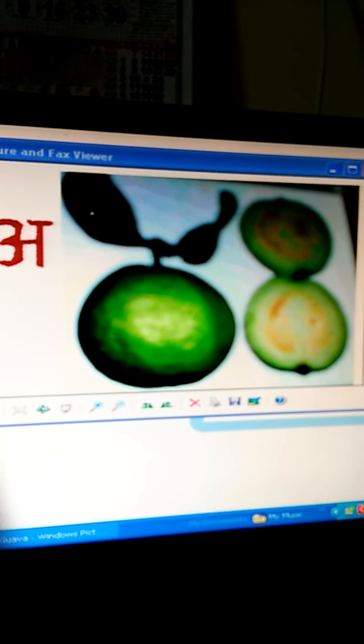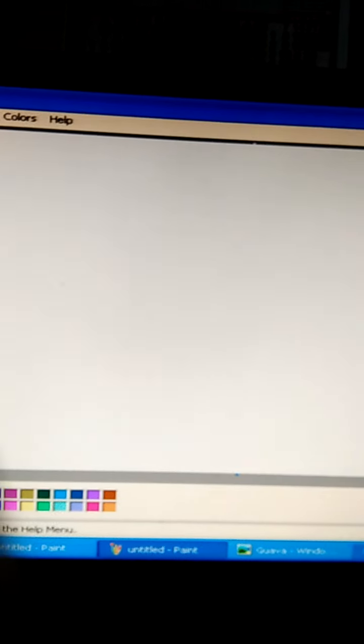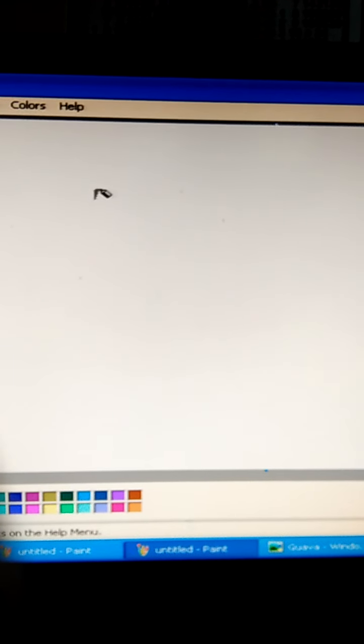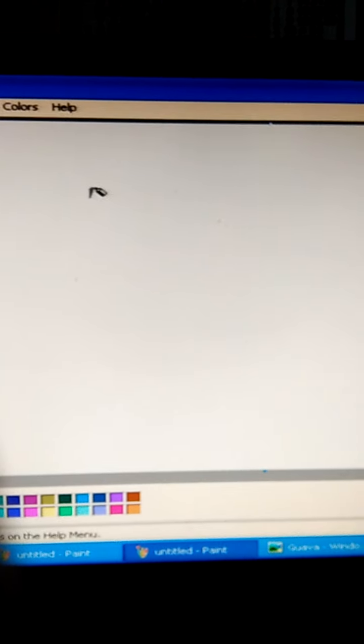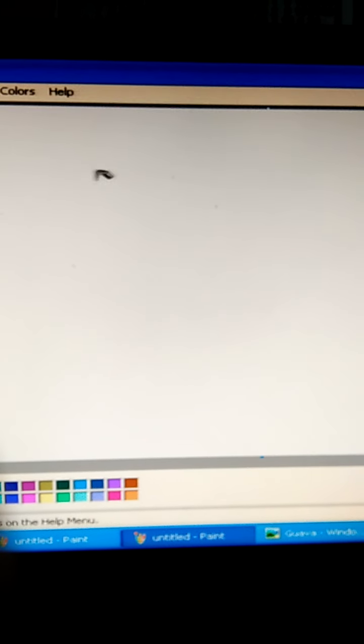Again we will see the English meaning of Amrud. The English meaning of Amrud is Guava.